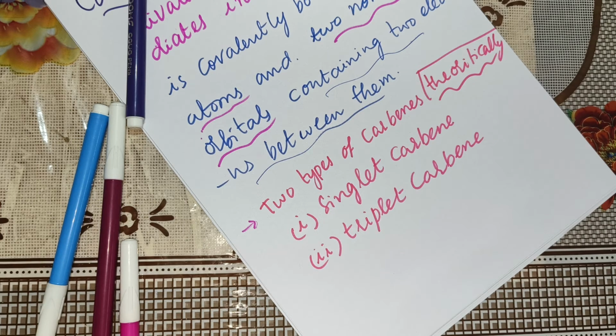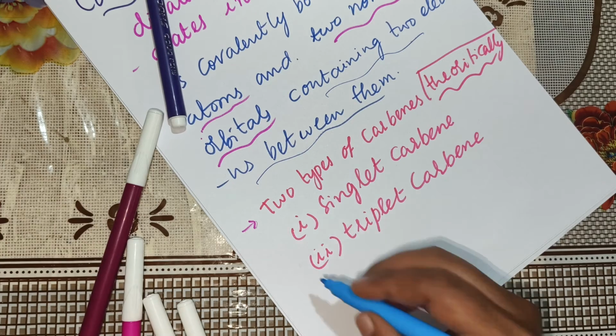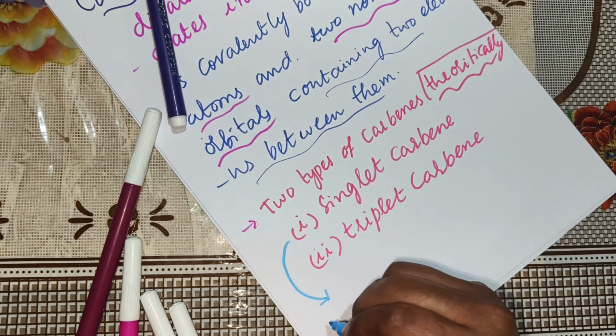Actually, in singlet carbene, three hybridized orbitals are utilized in the forming of two covalent bonds, whereas the third hybrid orbital contains the unshared pair of electrons. It's important, you have to keep that in mind.